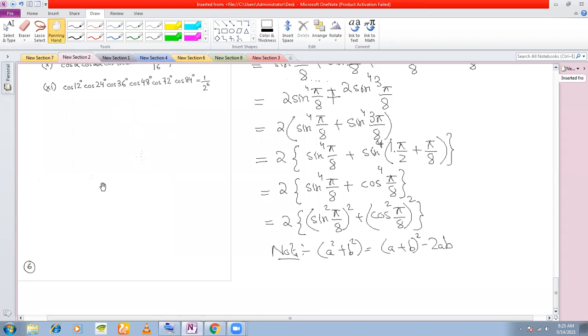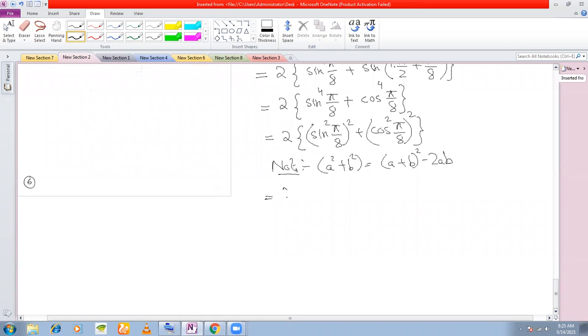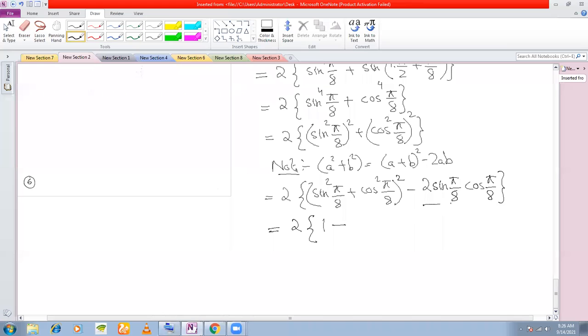So you can apply this formula here to write this as twice sine square pi by 8 plus cos square pi by 8, whole square, a plus b whole square minus 2ab. So 2 sine pi by 8 cos pi by 8. Okay, now sine square pi by 8 plus cos square pi by 8 is simply 1. So this becomes 1 square, which is simply 1. Now minus 2 sine pi by 8 cos pi by 8.